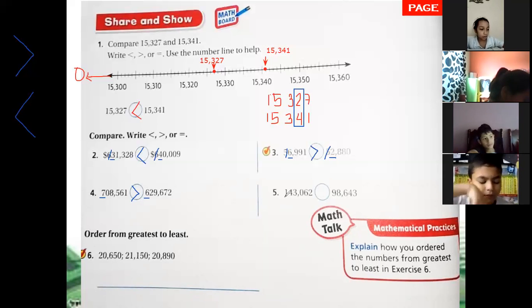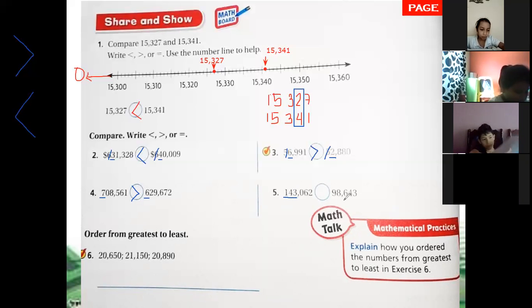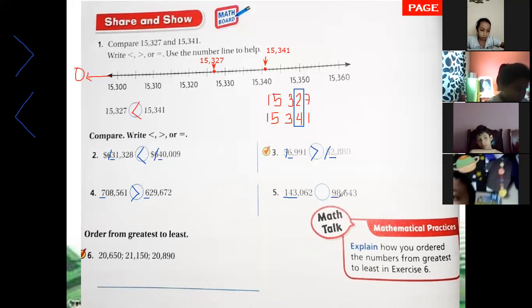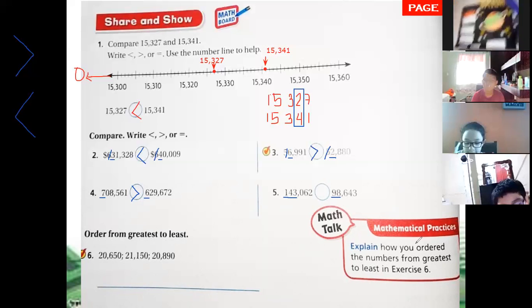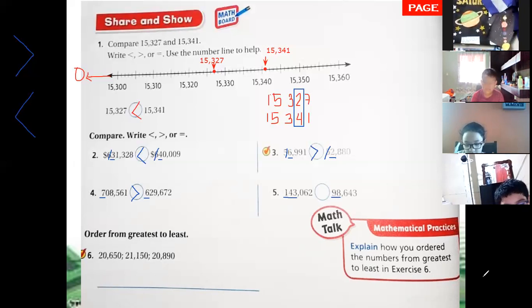The next one, look at this. In this number, we have 143. We have more than 100. What about in the second amount? We have 98. The first one is 143, and the second one is 98. What is the relationship between those numbers? One is lower than 9.